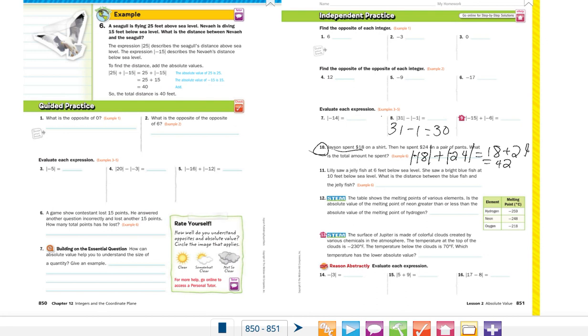So spent is negative, and they are both gone, so we're adding them together. And the total amount is $42.